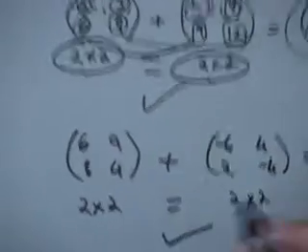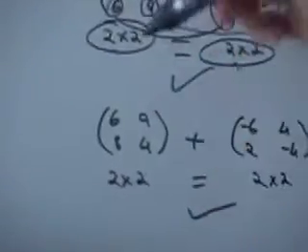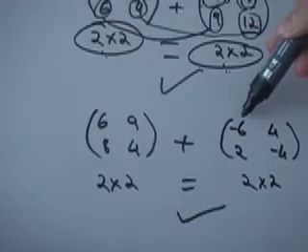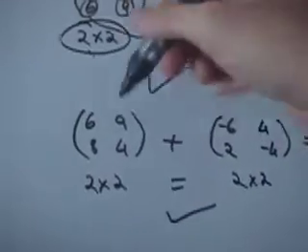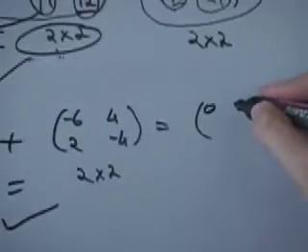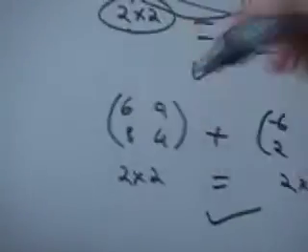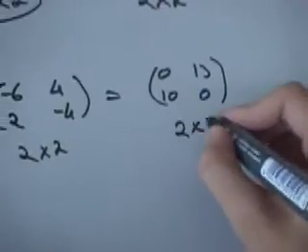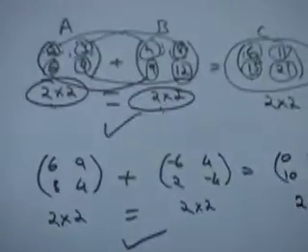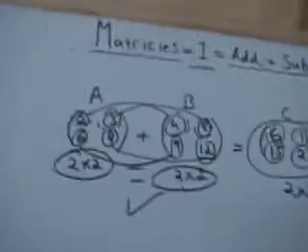Both orders are equal, so it's possible. Good. 6 and its corresponding, minus 6: 6 minus 6, 0. 9 and 4, 13. 8 and 2, 10. 4 and negative 4, 0. Good, so that's your answer. Very simple. Okay, very easy so far.